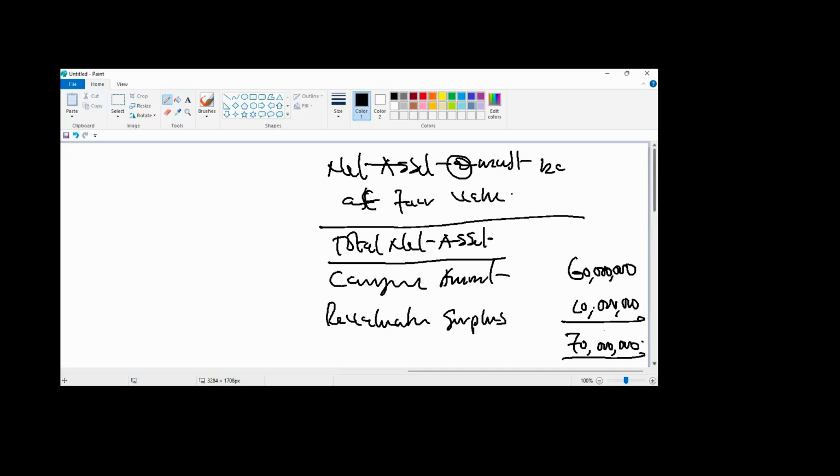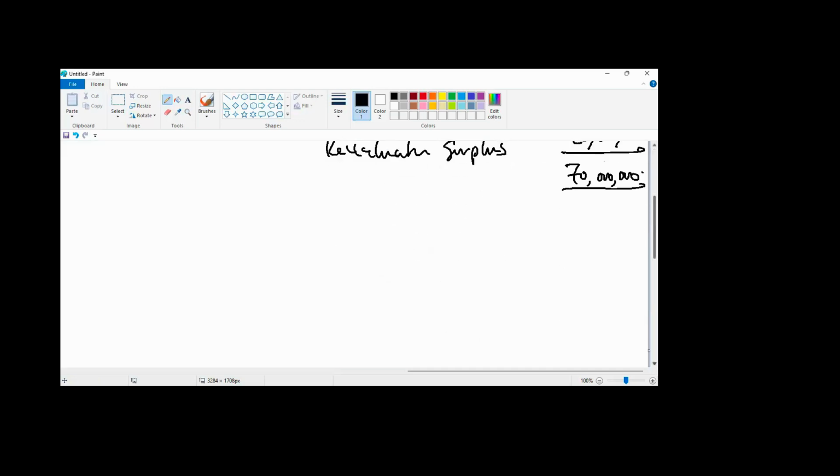Thank you, it's going to be 60 million. There's nothing like revaluation surplus in the book of the tax person. So this will create a temporary difference.